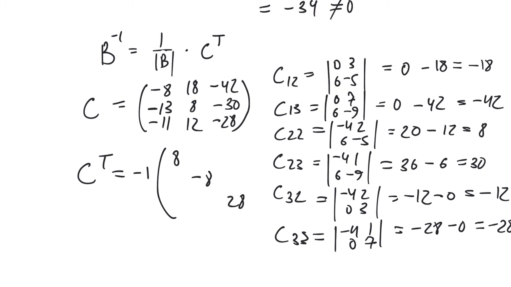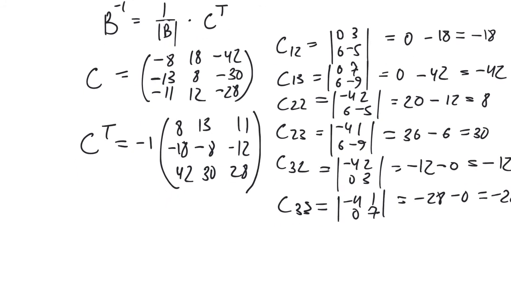So flipping the first row, we have 13 here, 11 here. Now we have -18 and 42 here. And we have 30 here and -12 over here. Yeah, so this looks about right.